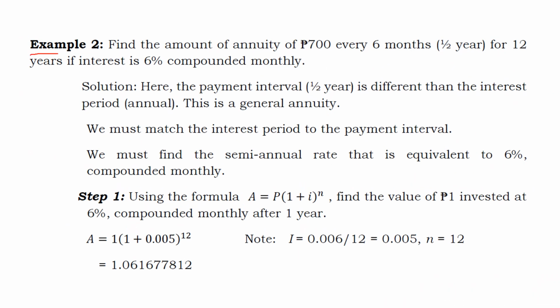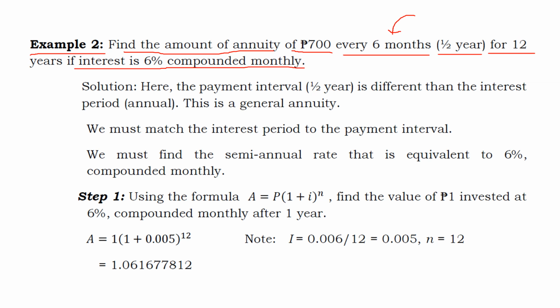So for example number 2, for the general annuity, find the amount of annuity of 700 pesos every 6 months, or every 1/2 year, or semi-annually, for 12 years, if interest is 6% compounded monthly. So the interest will be computed monthly.